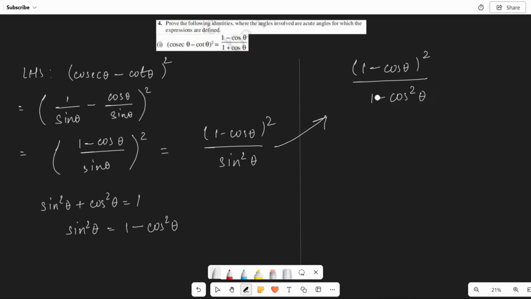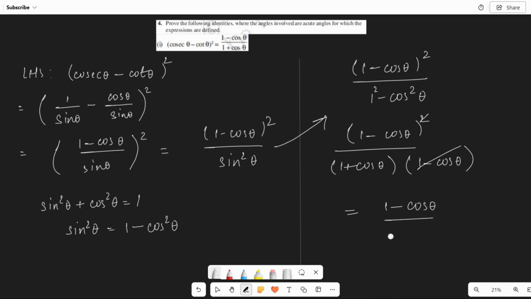Now we can see that this is in the form of a square minus b square, which can also be written as (a plus b) into (a minus b), that is (1 minus cos theta) whole square by (1 plus cos theta) into (1 minus cos theta). And clearly from here one factor of 1 minus cos theta gets cancelled, and lastly we are left with (1 minus cos theta) by (1 plus cos theta), that is nothing but equal to the RHS, and hence we have verified this.